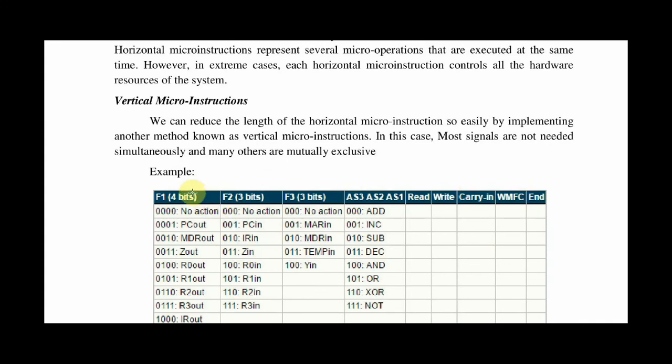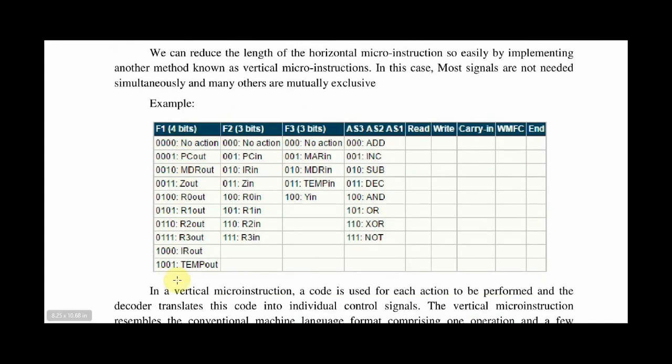In the first 4 bits, around 10 signals are grouped together, and we give a code for each. For example, PC out is denoted as 0001, MDR out is 0010, Z out is 0011, R0 out is 0100, like that. The second part uses another group, and the third part another group.